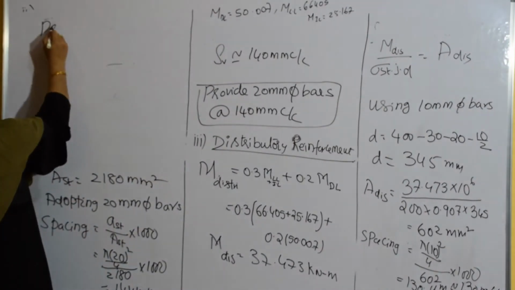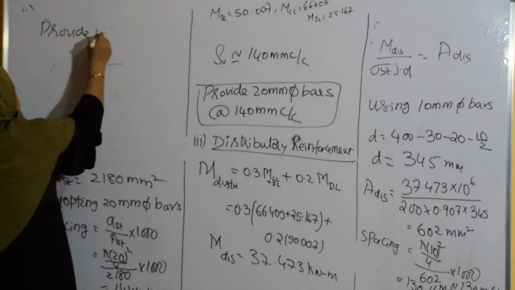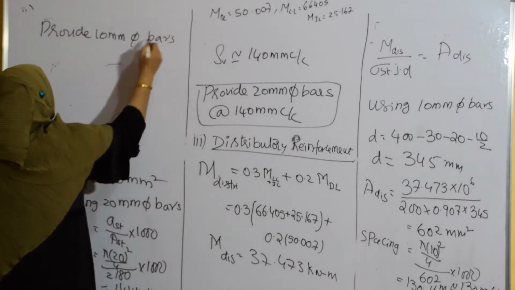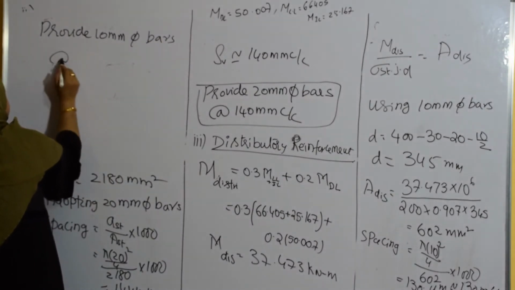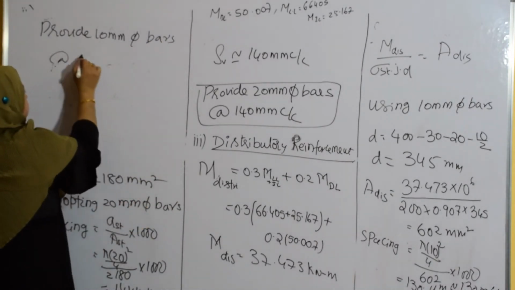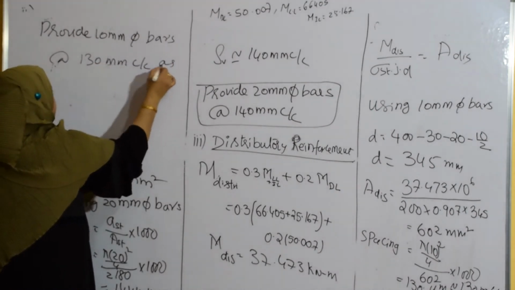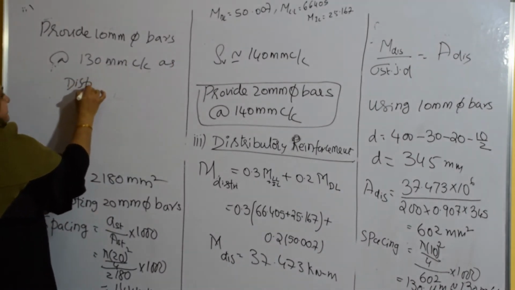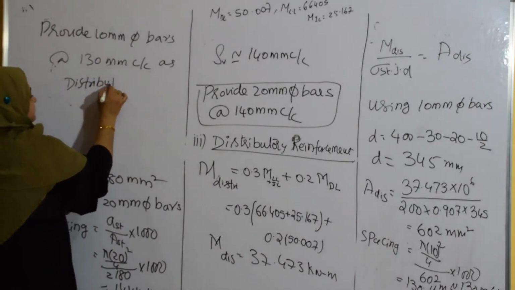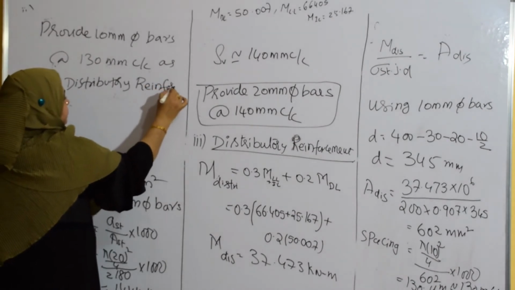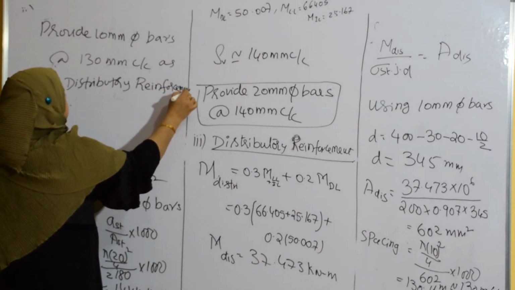Provide 10 mm dia bars at 130 mm center to center as distributory reinforcement, just to distinguish whether it is main or distributory. You can write it or you can avoid it.